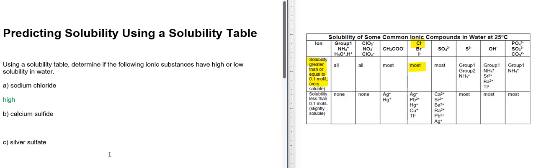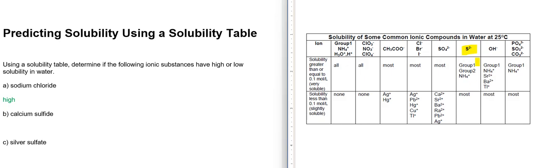In comparison, let's take a look now at calcium sulfide. We find the sulfide column, which is right here. Sulfide, not sulfate, or sulfite with an ITE. IDE is S2 minus. And then we need to find calcium.